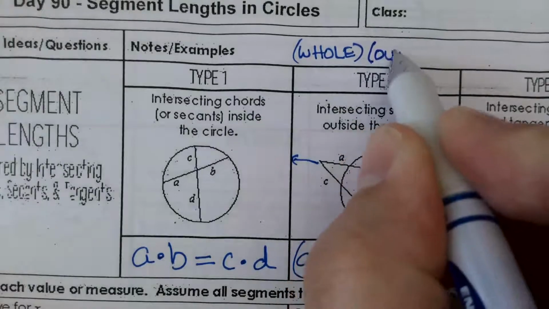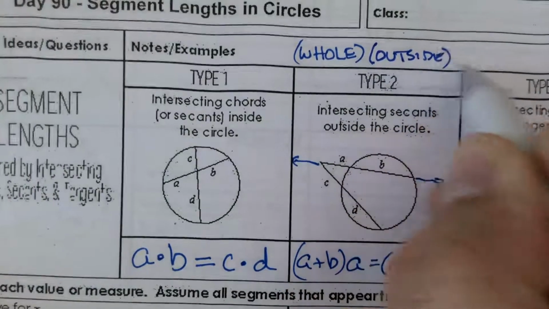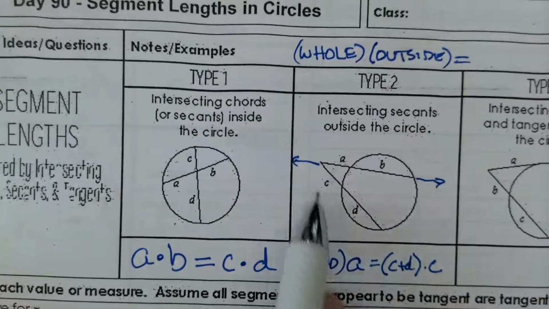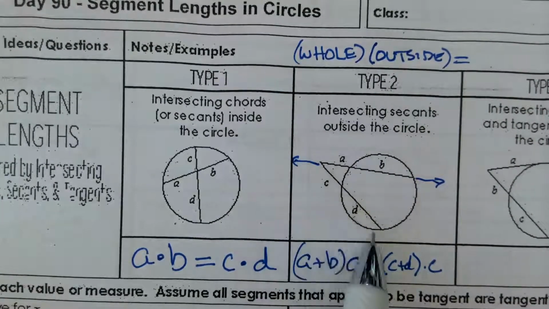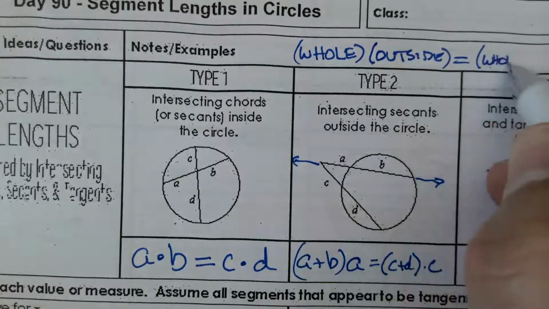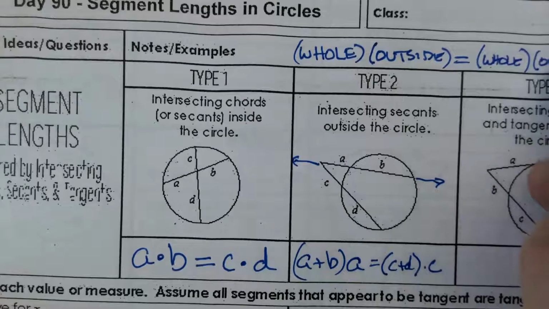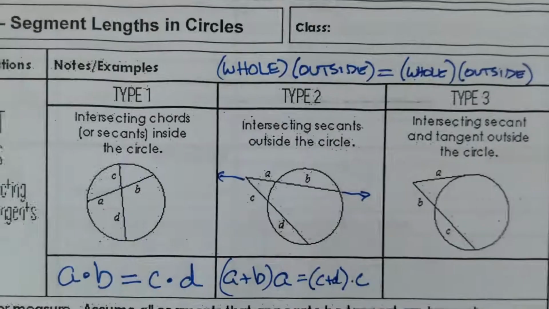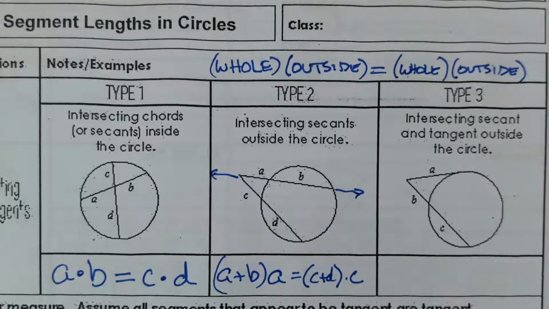So whole times outside equals, what do we have for the other one? Same thing. Whole times outside. And by thinking about it that way, we can apply it without having to consider which letters are where and matching it up and getting brain cramps trying to do that.